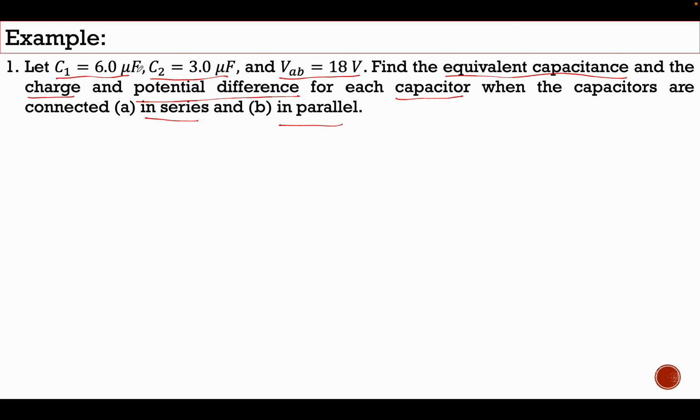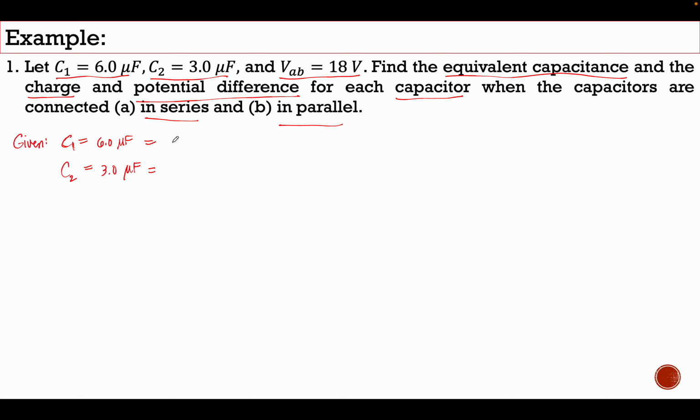We have two capacitors connected, A in series and B in parallel. Given C1 is equal to 6 microfarad and C2 is 3 microfarad.